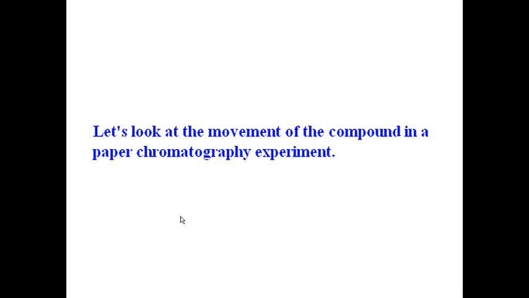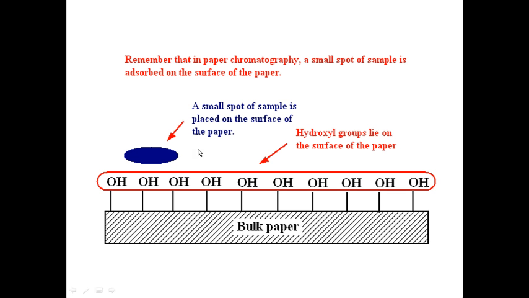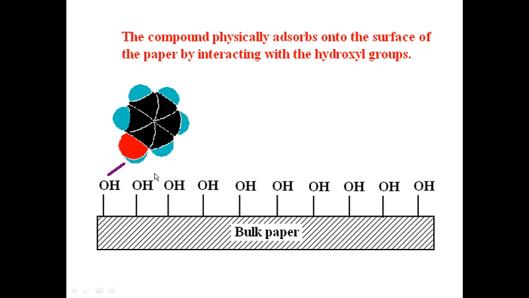So let's look at a little bit more detail here about how the materials separate in a TLC experiment. Again, we put our mixture onto the surface of the plate, and then we stick the plate into the mobile phase. Now the compound is physically adsorbed onto the surface of the plate by some type of intermolecular force.